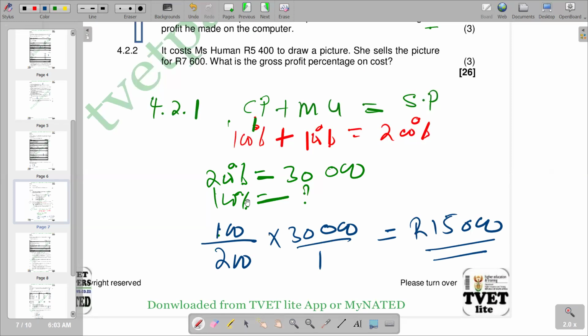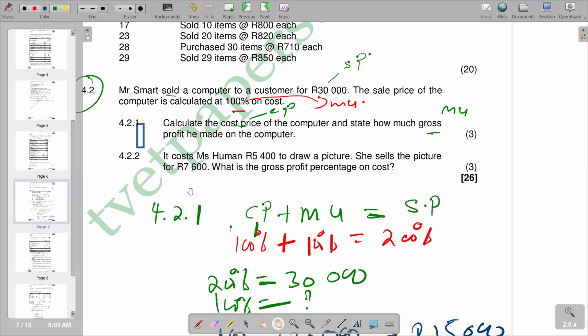Let's look at the second part of the question, whereby it says, if it costs Mr. Yuben 5,400 rands to draw a picture, and she sells the picture for 7,600 rands, what is the gross profit percentage on cost? So let's represent our gross profit percentage on cost as a formula, and then we can substitute what we have into that formula.